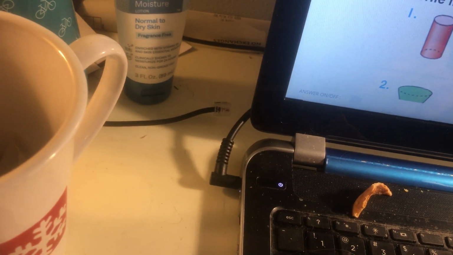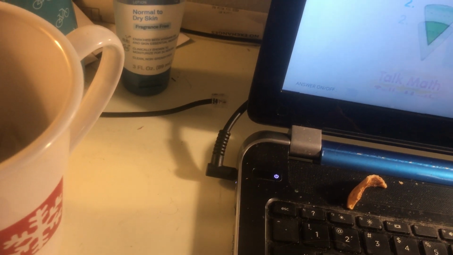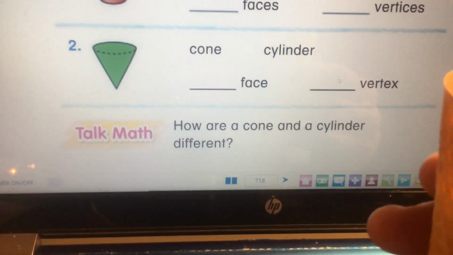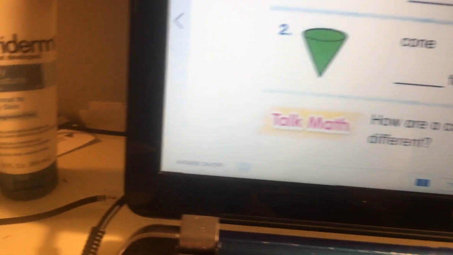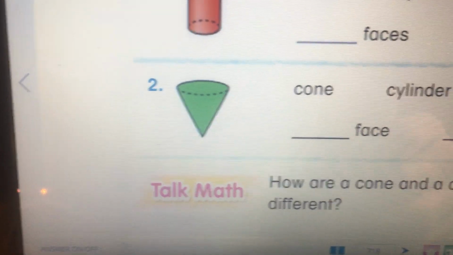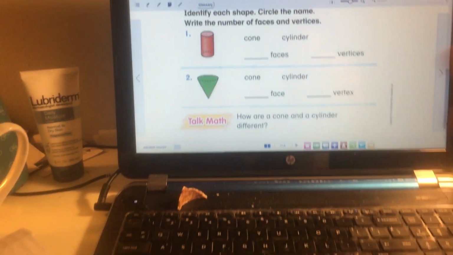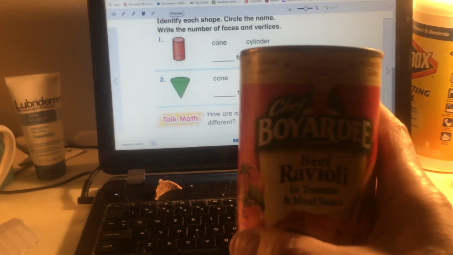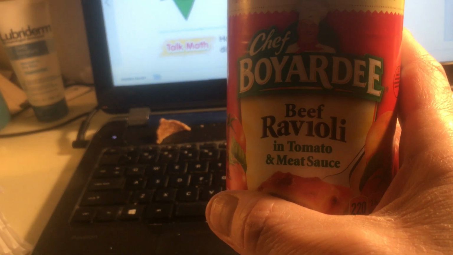All right, let me move the cursor down a little bit here. The second shape, there's your shape that looks like an ice cream cone. Does that shape look more like this cone or this can of beef ravioli with tomato and meat sauce?